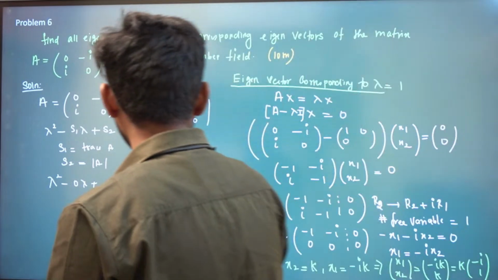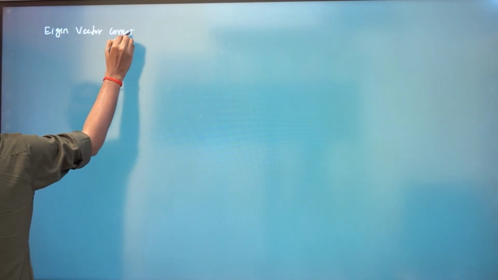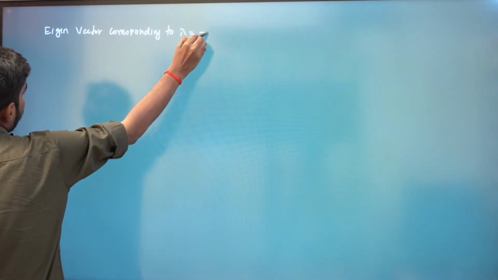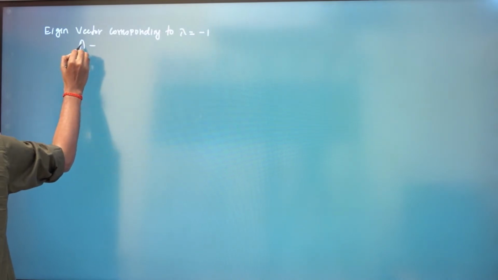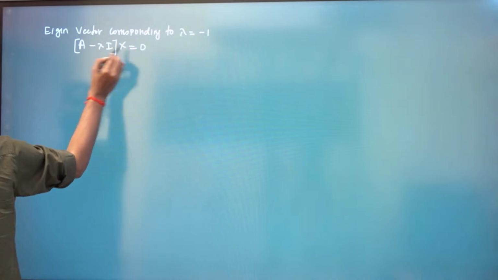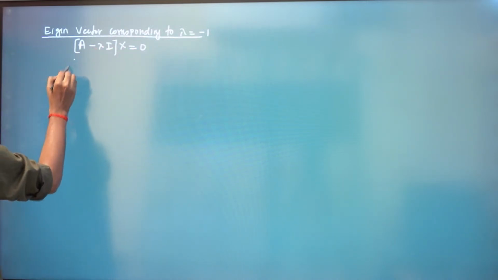Similarly, we will find the eigenvector corresponding to lambda equal to minus 1. So (A minus lambda I) x is equal to 0. This x is called our eigenvector. So what is our A?